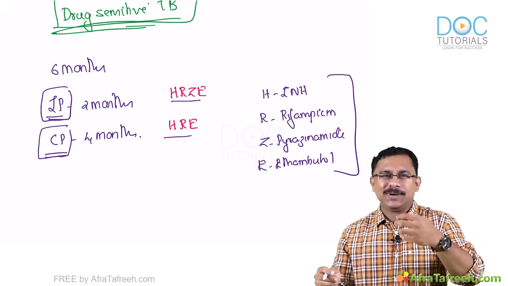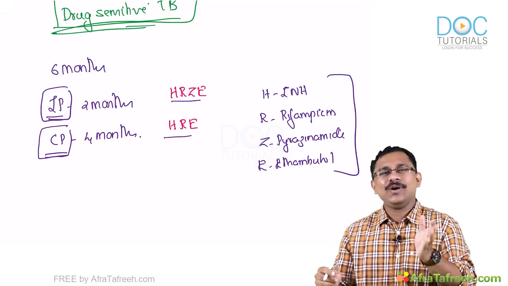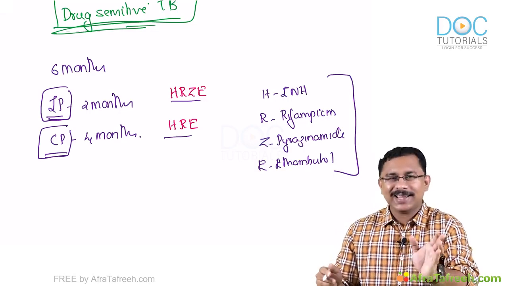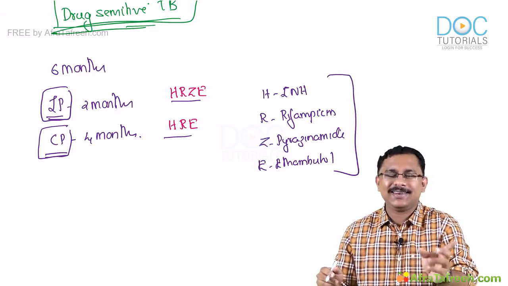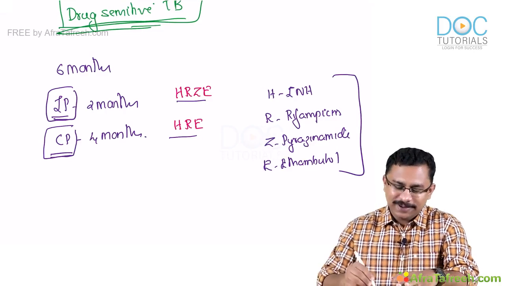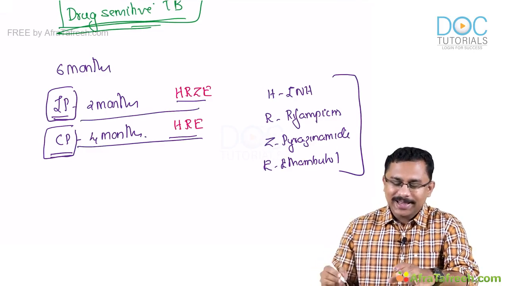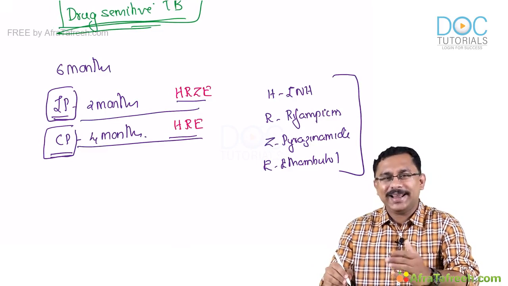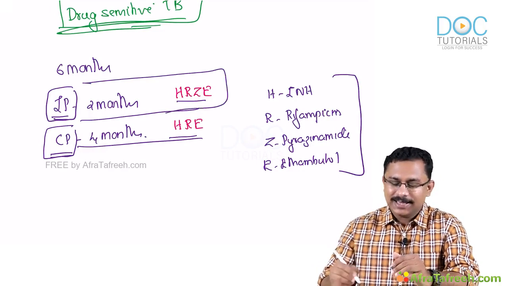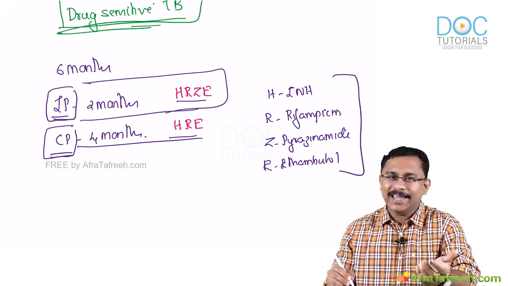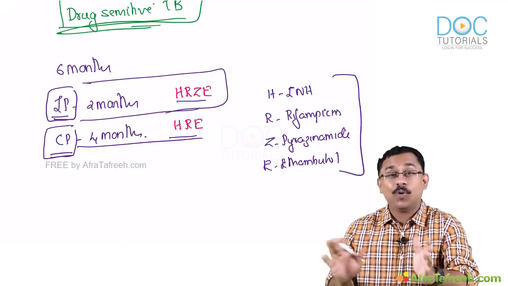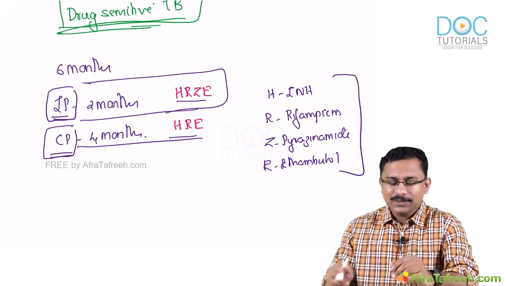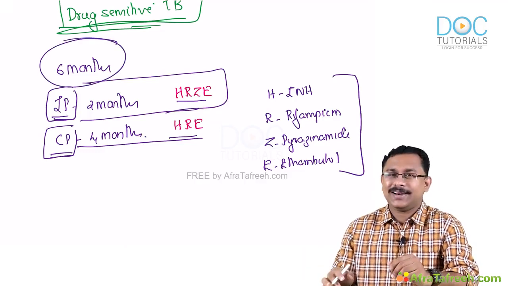To remove these persistent bacilli, you go for the continuation phase. That is just the logic behind it. So INH, rifampicin, pyrazinamide and ethambutol in the intensive phase, and in the continuation phase INH, rifampicin and ethambutol, no pyrazinamide. That is going to be your 6 month regimen.